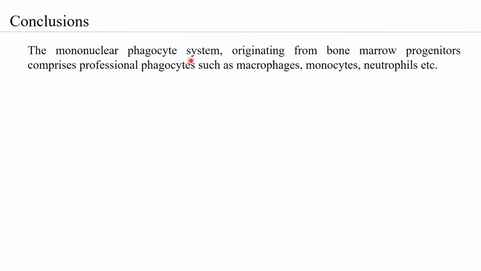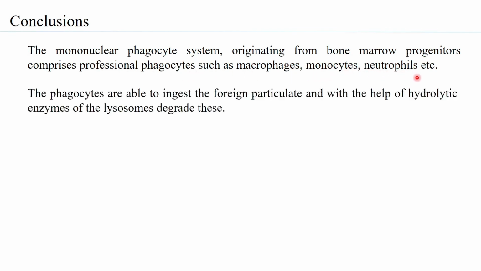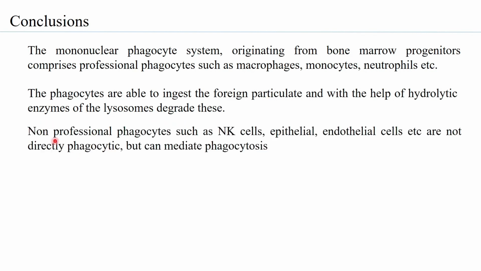So let us make the conclusions. The mononuclear phagocyte system originating from bone marrow progenitors comprises professional phagocytes such as macrophages, monocytes, neutrophils, etc. The phagocytes are able to ingest the foreign particulate and with the help of hydrolytic enzymes of the lysosomes degrade these.